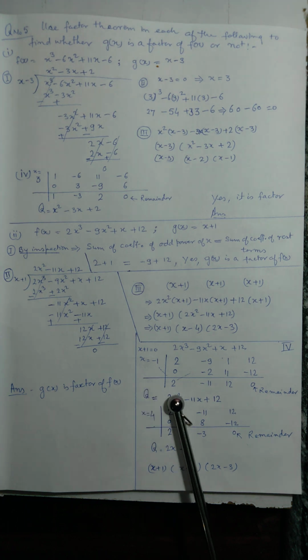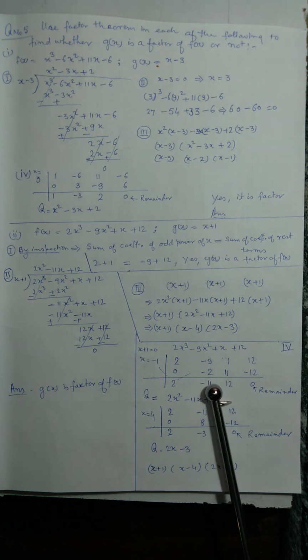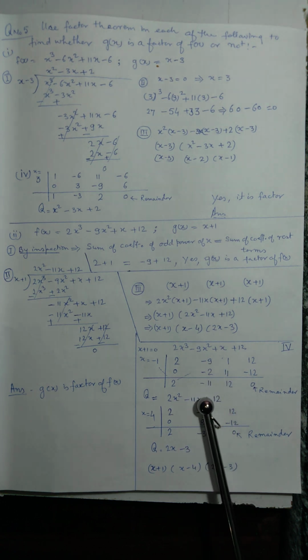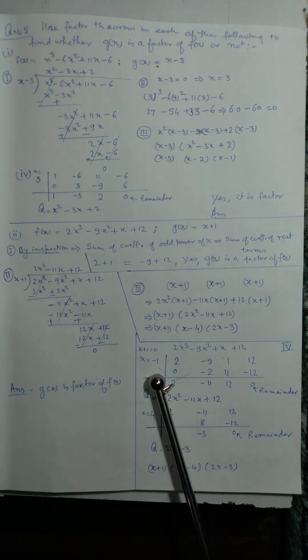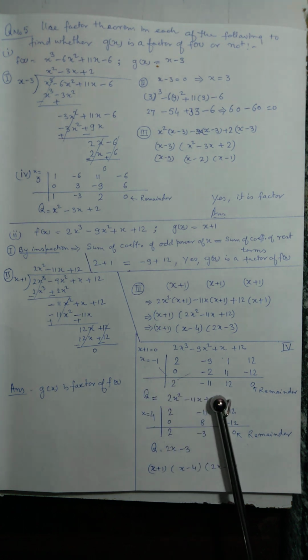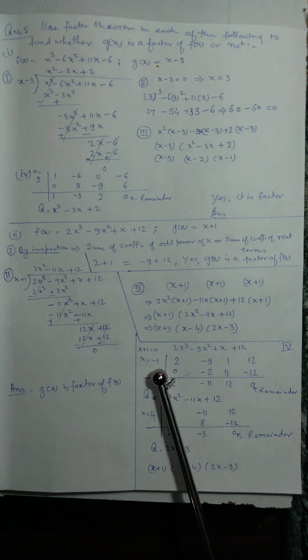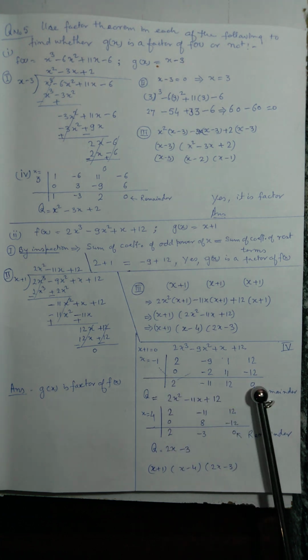Now minus 1 will be multiplied by 2, you will get minus 2. Now add minus 9 and minus 2, you will get minus 11. Again you multiply this minus 1 by minus 11, you will get 11. So 11 plus 1 will be 12. Again you multiply this minus 1 by 12, you will get minus 12.